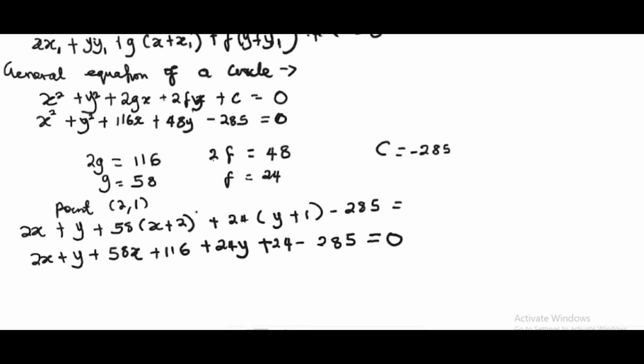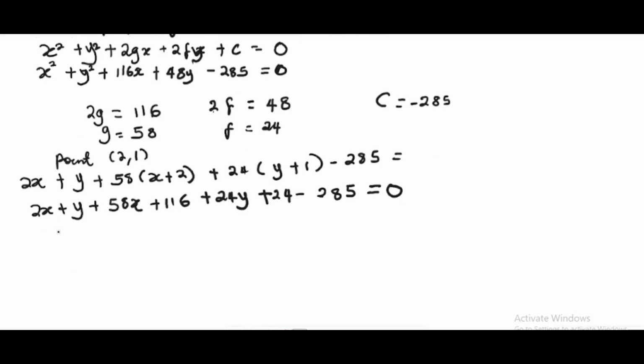So if we collect like terms, 2x plus 58x will give us 60x. y plus 24y will give us 25y.